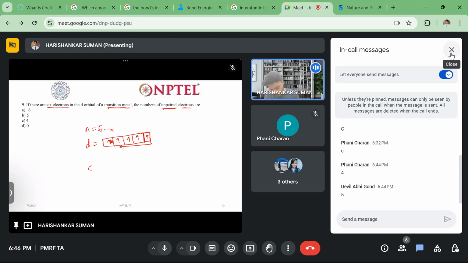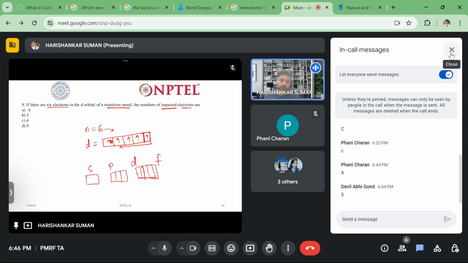Do you know the s, p, d, f subshells? 1, 3, 5, 7 are the number of orbitals, and each orbital can contain two electrons.